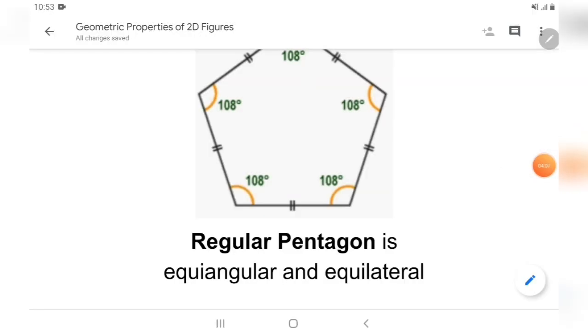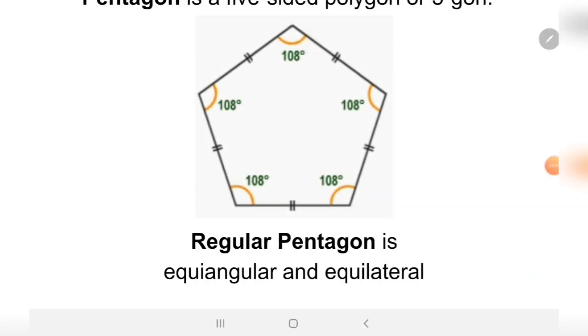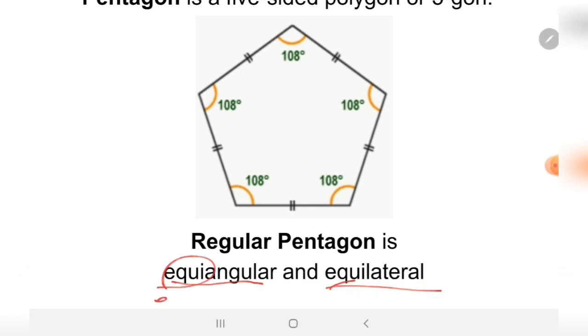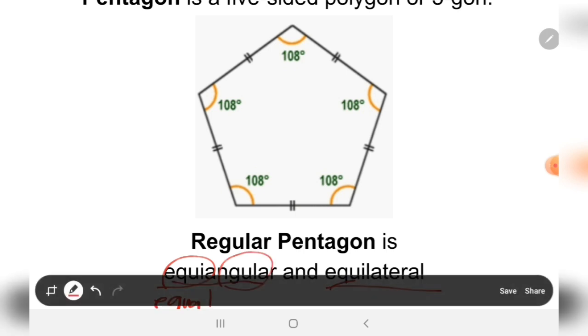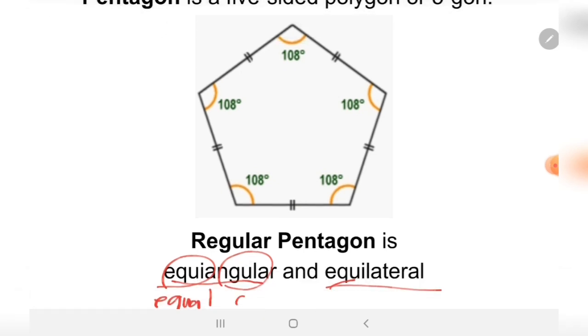What do you mean by equiangular and equilateral? What is the difference? Equiangular is from the word equi, means equal, and then angular meaning angle.